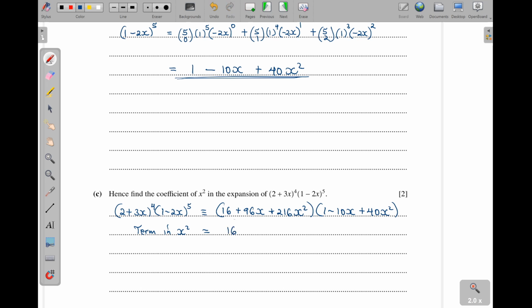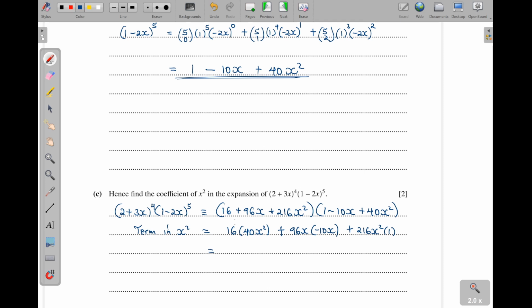So 16 times 40x squared. Then we shall have the 96x multiplying with the minus 10x. So 96x times negative 10x. And then plus 216x squared times 1.